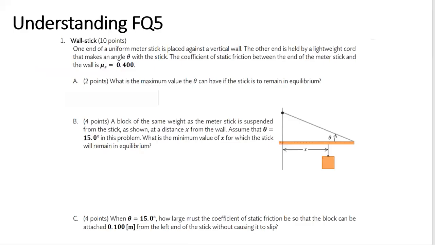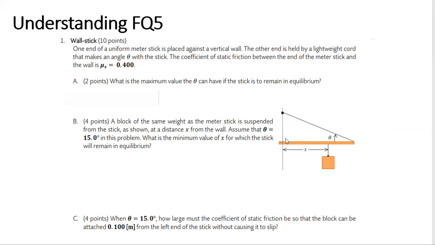So now let's relate this problem to the first item of FQ5. So dito sa FQ5, meron tayong case for letter A wherein walang mass na nakasabit doon sa meter stick.